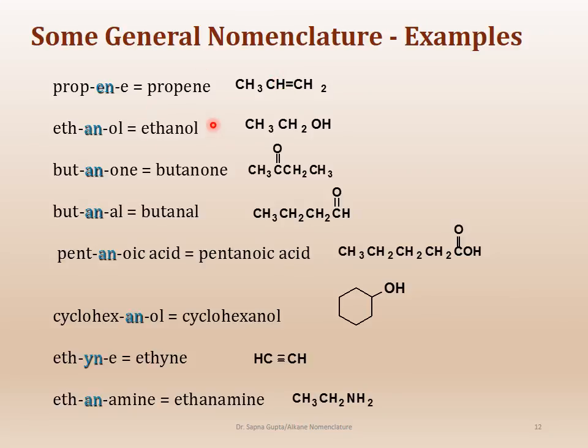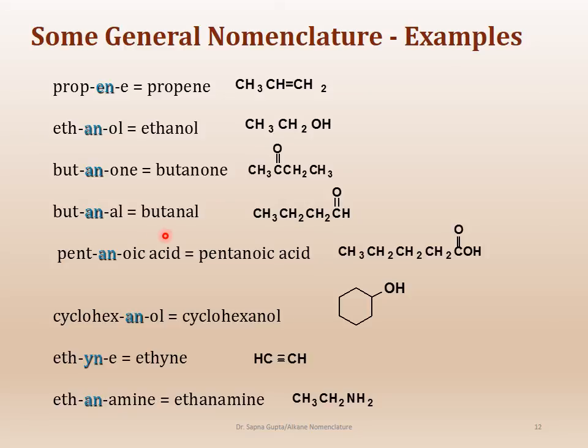Okay, then ethanol. Eth tells you that you have 2 carbons, and the ol tells you that you have an alcohol group. Okay, so here is the structure, CH3, CH2, OH. Butanone, without looking at the structure, you should be able to say that you have 4 carbons, and on is for a ketone. Okay, so that's what the structure would look like.